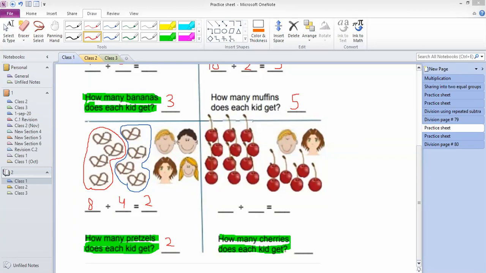Which method are you using? Are you using repeated subtraction or sharing into equal groups? Sharing into equal groups. Okay. Very good. And you can also do it with the help of the table. You know the table of 2 in the last unit, multiplication. We have learned the table of 2, 5 and 10.